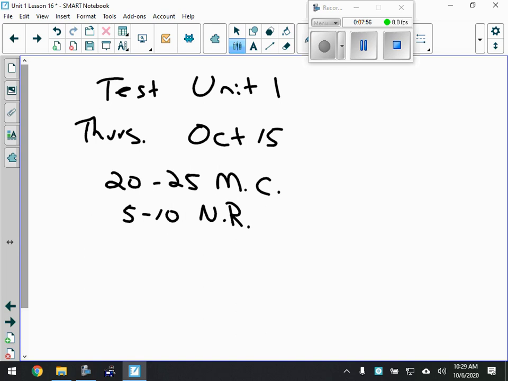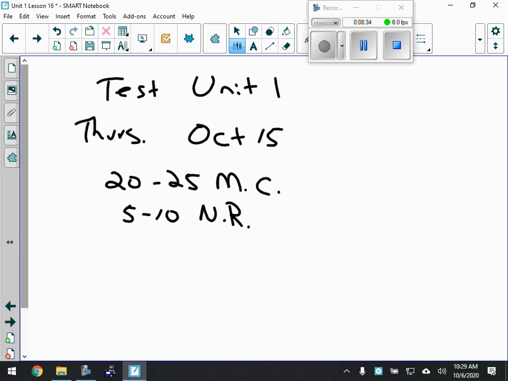Could be like a little matching thing, for example, some definitions with 4 options, or names of the shapes with 4 options, matching them up to the shapes. Could be bond angles stuff. It could be lots of stuff. So a little bit of matching in some cases, probably, because we don't have any calculations to do. So about 5 to 10 numerical response.